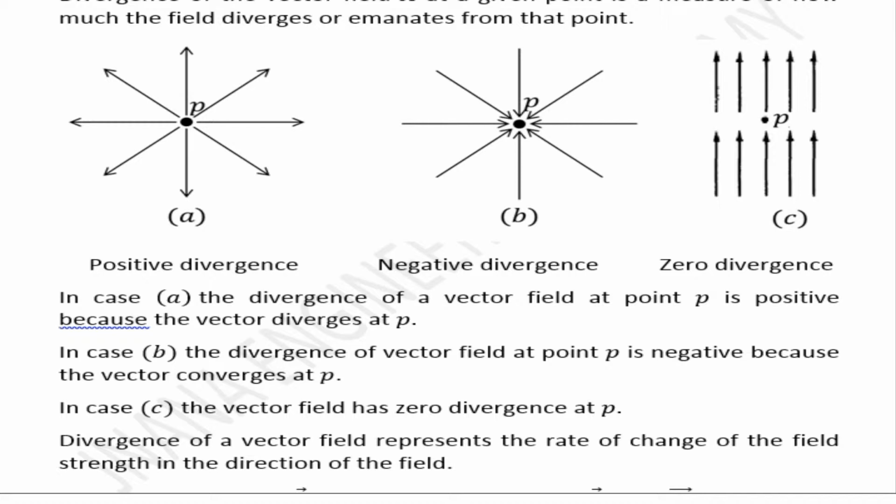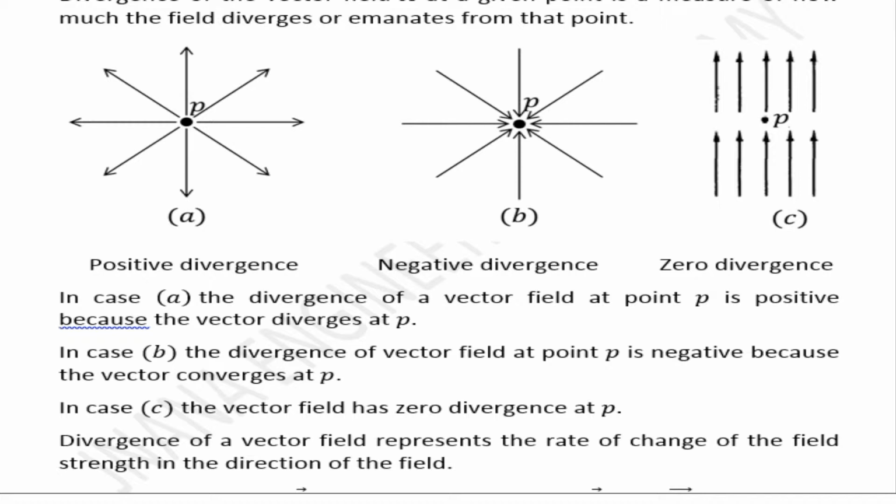Now in case of negative divergence, the vector will be converging at a particular point. In positive divergence, the vector will be diverging out, and in negative divergence, the vector field will be converging to the point P, and it is called a negative divergence. And the third case is the zero divergence.